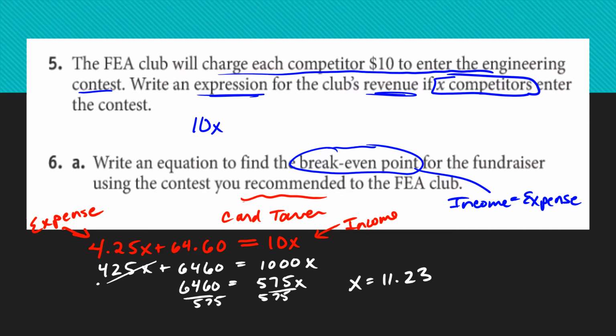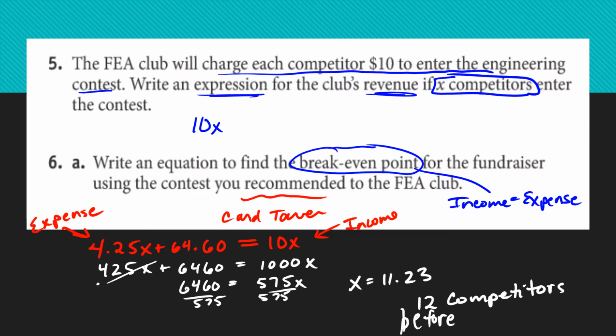Well, you can't have 11 and 23 hundredths of a competitor. So we won't break even on 11 competitors. We need more, right? With 11 competitors, the expense would still be higher than the income. So we need more than 11. So we'll have to say 12 competitors before expenses are covered.